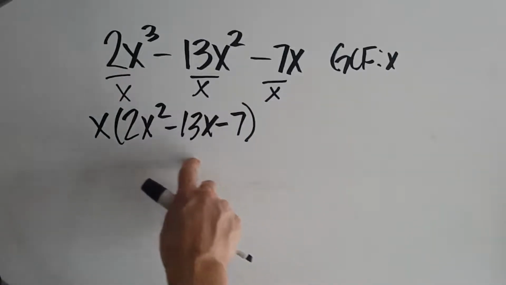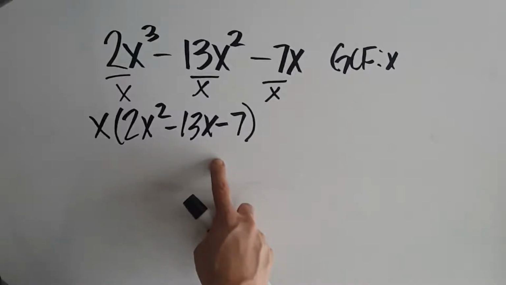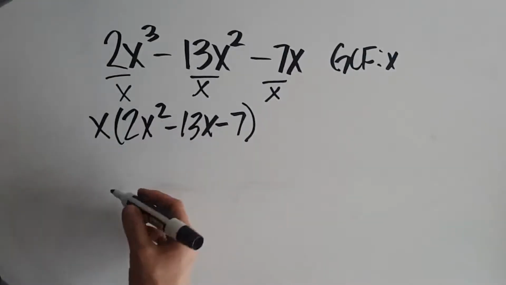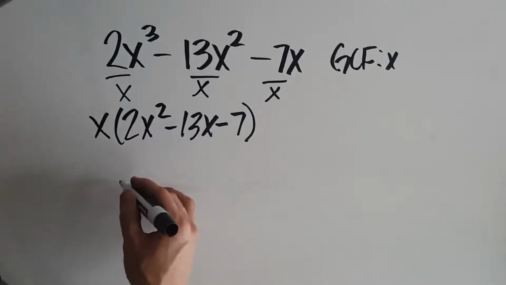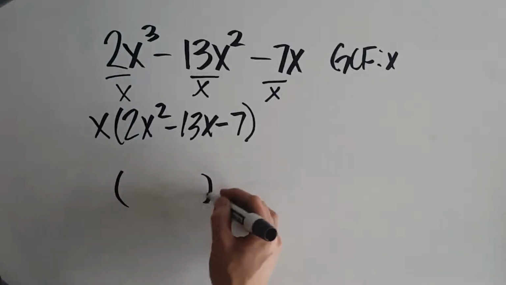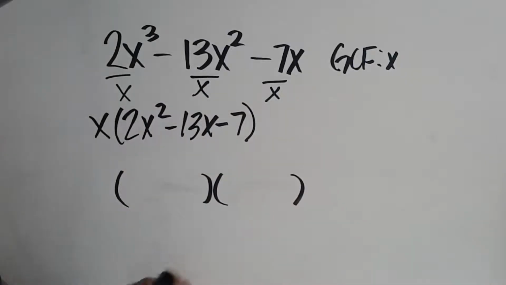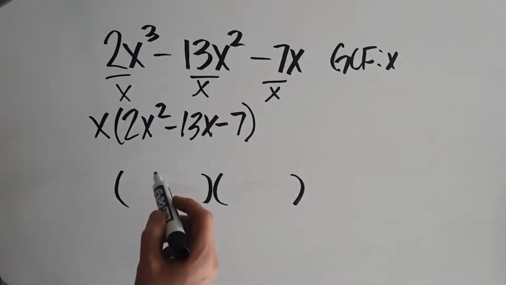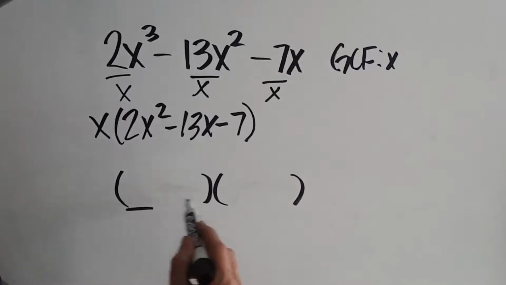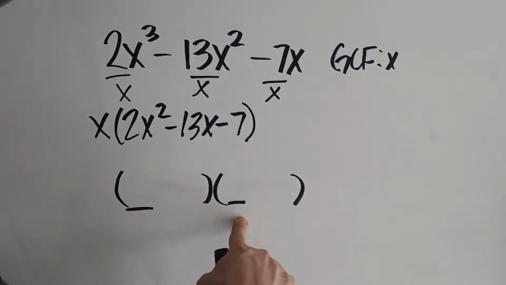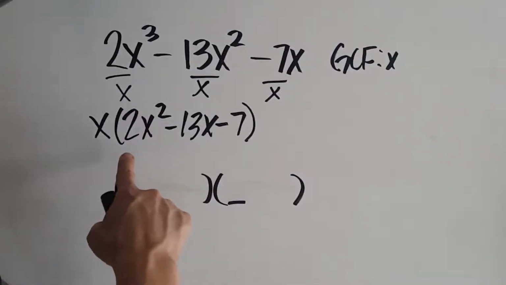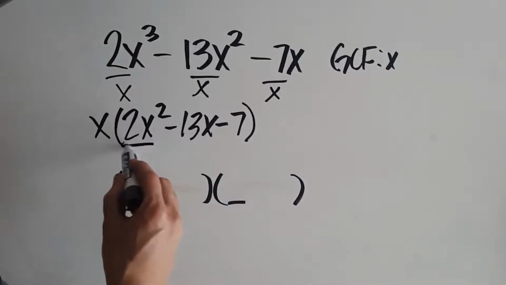So now that we have this quadratic trinomial, we're going to go ahead and factor this, thinking about it as undistributing. We know that a quadratic trinomial will always factor into two binomials, always. So we know the product of the first two terms is going to give us the first term in our trinomial.